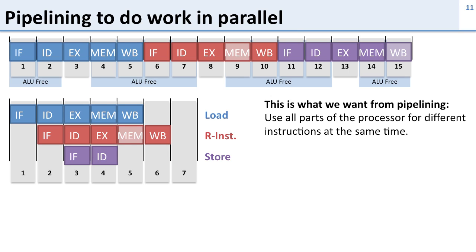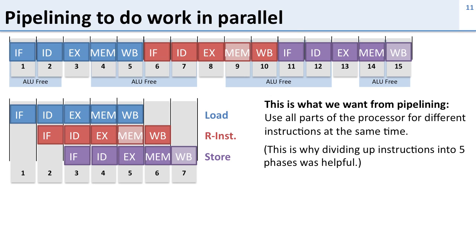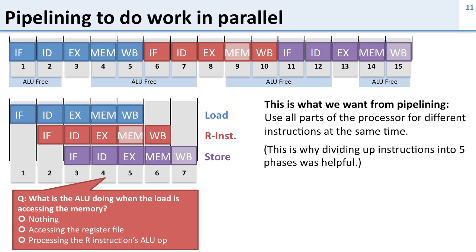We can continue this, and what you see is that we're using a lot more of the processor. We're doing multiple things at the same time, and this is why dividing up the instructions was helpful. So we divided up all instructions into 5 cycles, and they do the same sorts of things in each cycle, so now we can overlap them without it being too complicated.